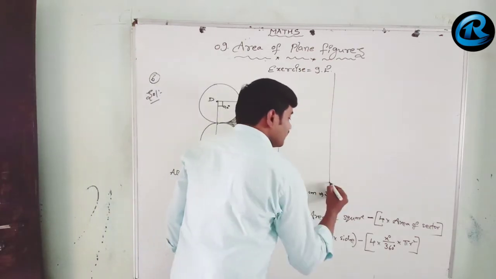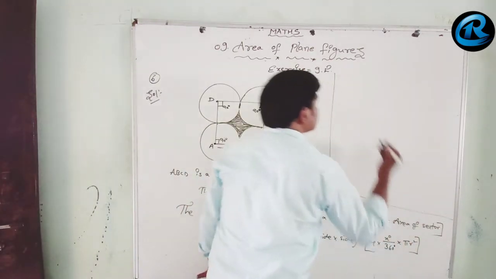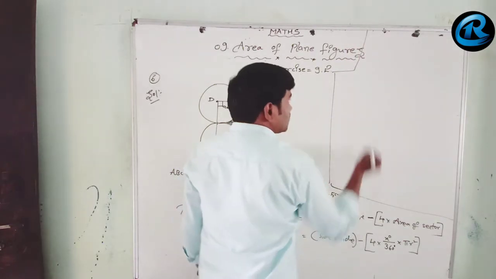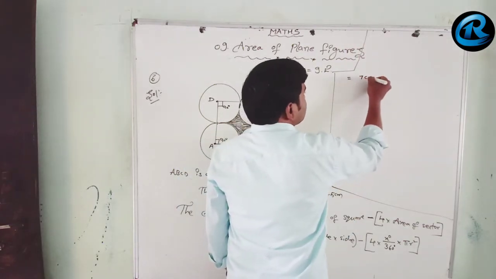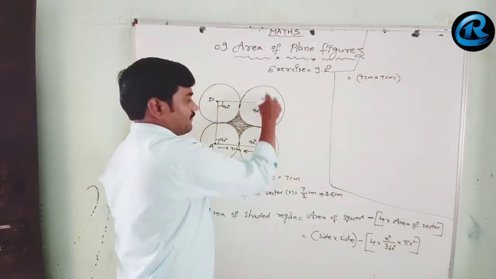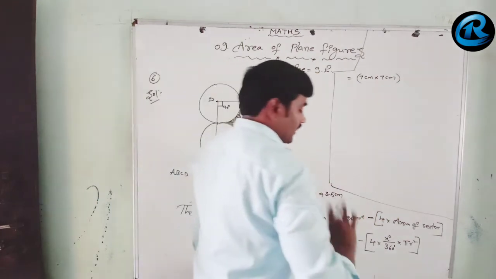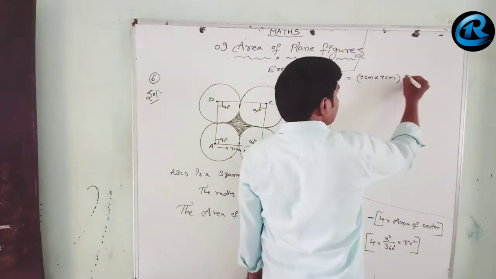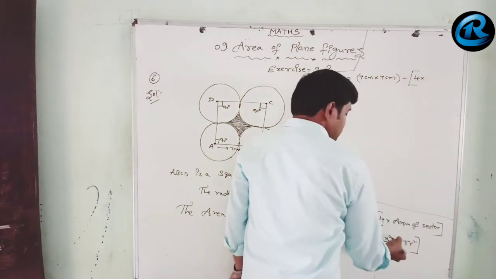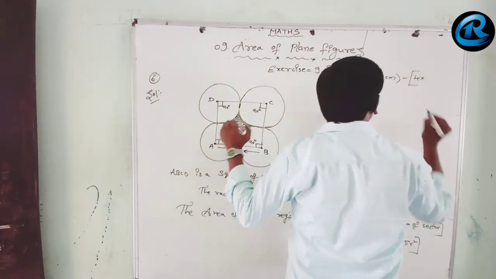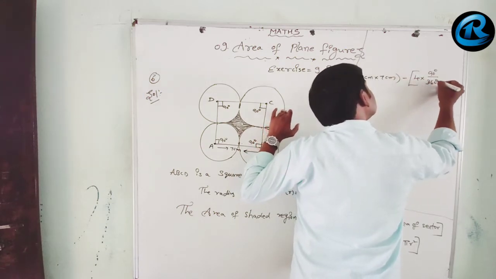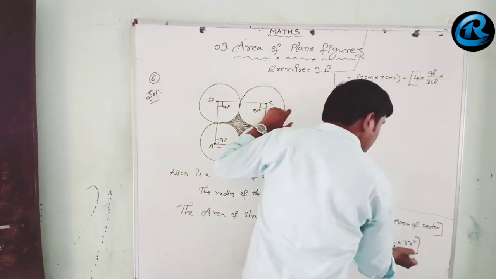Okay, let us substitute those values and we will get an answer here. Side into side is 7 centimeters into 7 centimeters, the side of the square. Then minus 4 into 90 degrees by 360 degrees into pi r square.